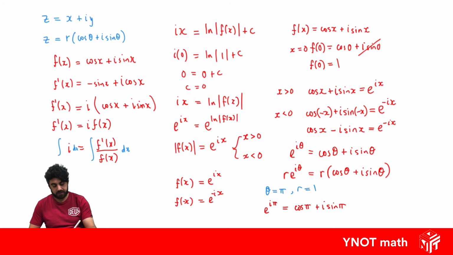Sine pi is 0, and cos of pi is 1, so we get e to the i pi equaling minus 1, and adding 1 to both sides, we get e to the i pi plus 1 equals 0. And this is a pretty nice formula because we have an irrational number to the power of an imaginary number, added to 1, equals 0, so it's got a bit of everything.